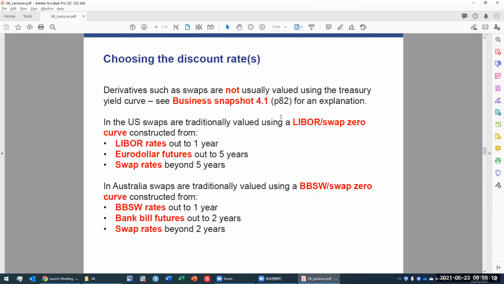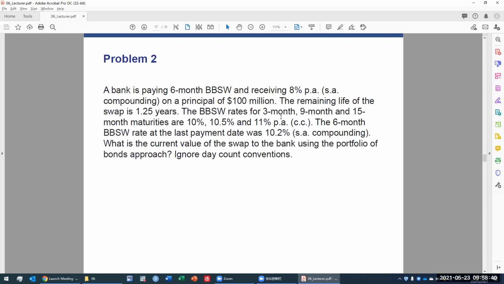In Australia, we use the bank bill swap rate, BBSW. Not sure what Andrew talked about, but we had an update on how we arrive at the bank bill swap rate. Previously, it was determined by a number of banks. In the morning, they had an auction on what the interest rate is going to be. But then it turned out to be manipulated, and then we changed how we calculate the bank bill swap rate. But in your case, it's going to be given.